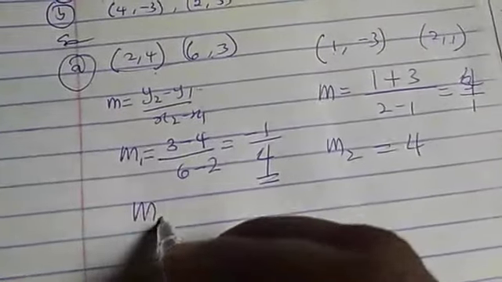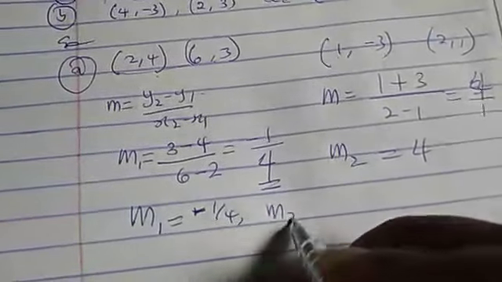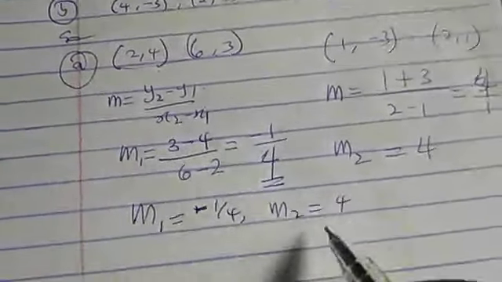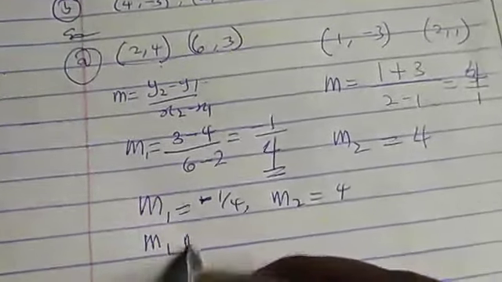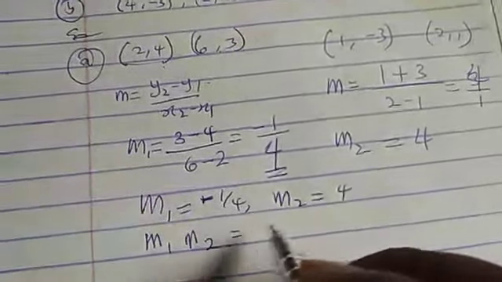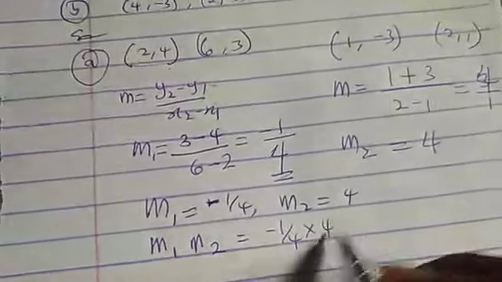We now see that m1 is equal to minus 1 over 4 and m2 is equal to 4. They are not equal, which means they are not parallel. But are they perpendicular? To show that, let's find m1 times m2. That is minus 1 over 4 times 4. Our answer is minus 1. Therefore, these two lines are perpendicular to each other.